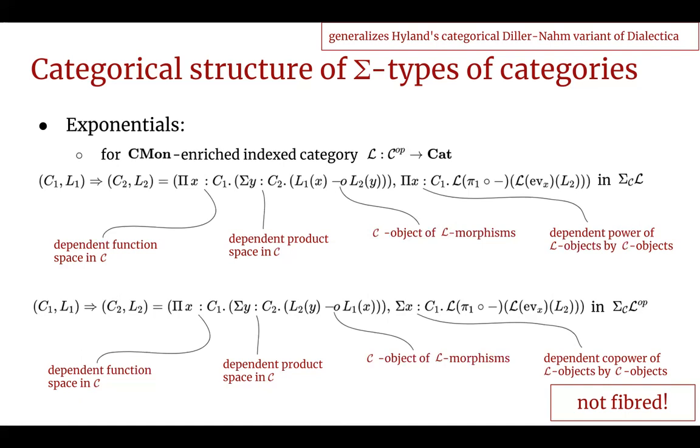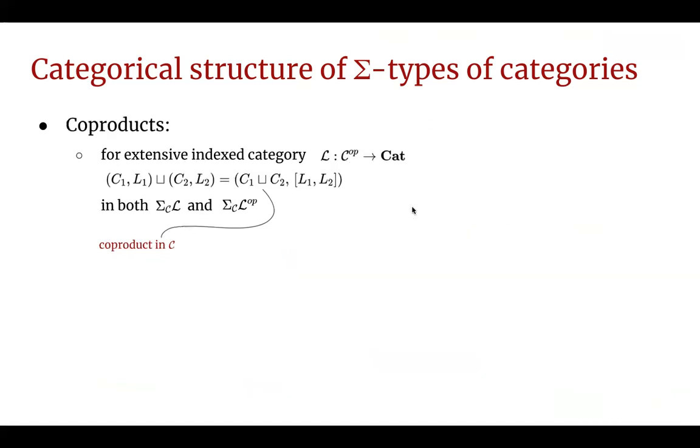So I've heard multiple people say AD is related to dialectica in some way. I think this is the precise relationship. These formulas generalize the Diller-Nahm variant specifically of dialectica, which also uses these commutative monoids. Okay, so that's the exponentials.